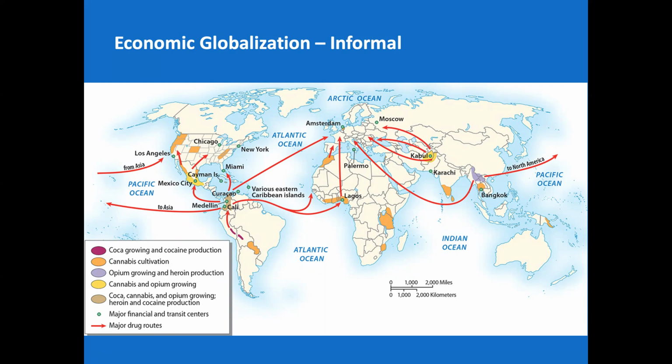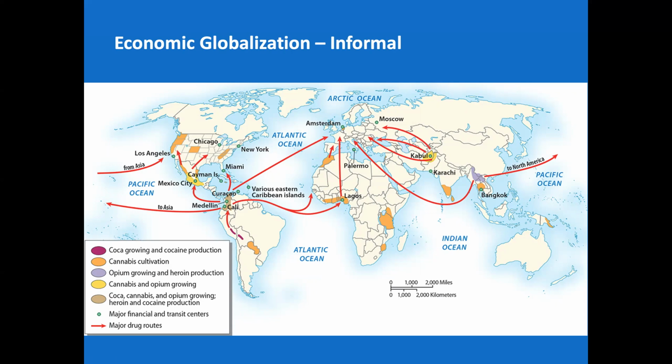They're not necessarily grown in one area only. They're grown in various regions, and then they go from the area where they are grown into the areas where there's a demand, like the United States, like Europe, like parts of Africa and Central America. So that's the idea of it being informal.